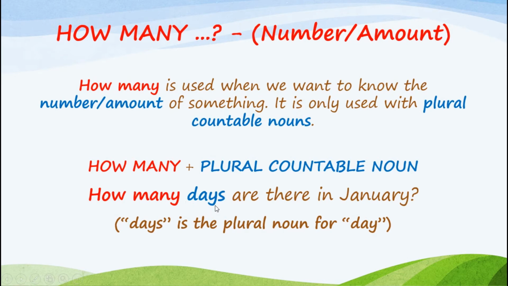Look, days is a countable noun because we can count days with numbers. We can say 1 day, 2 days, 3 days, 4 days, 10 days, 20 days. And it has a plural form, that is days with an S in the end. Days is the plural noun for the word day.